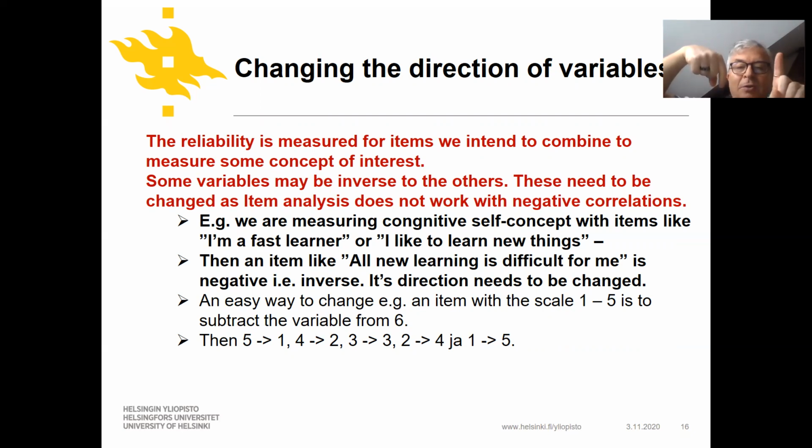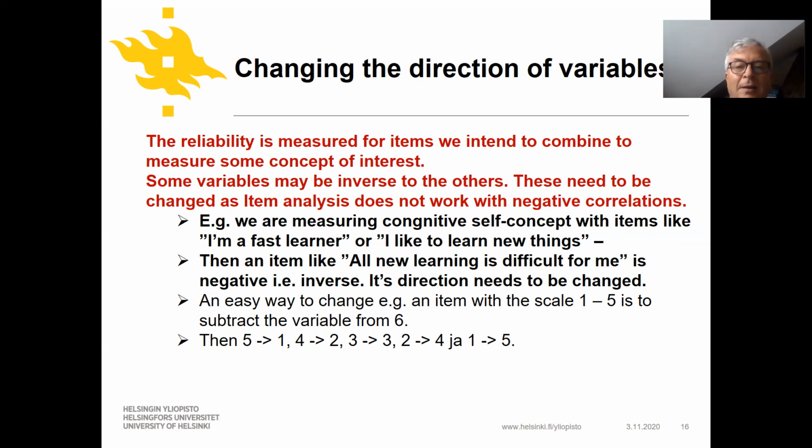Now, what to do with this? The item analysis tilts when you put something like this in. It doesn't work. The typical way of fixing it would be to change the direction of the negative items.